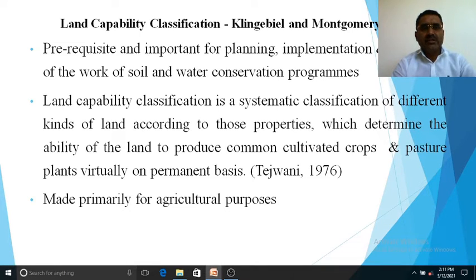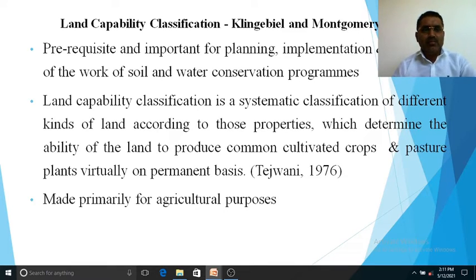As I already stated, each and every soil has its own properties, characteristics and capability. According to that, to determine the ability of the land to produce common cultivated crops, it is essential to do the land capability classification.